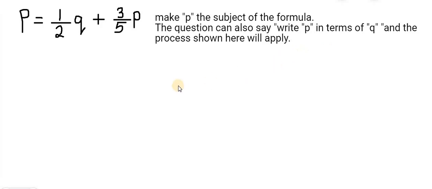Now let's start the process. I have a p here on the left, and I have a 3 over 5p here on the right. So I have to get everything that has a p attached to one side, and that side, I choose it to be the left. So, to get rid of 3 over 5p from the right, I use the opposite sign, or the inverse sign.